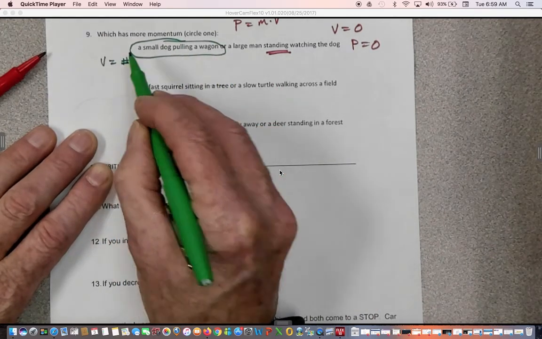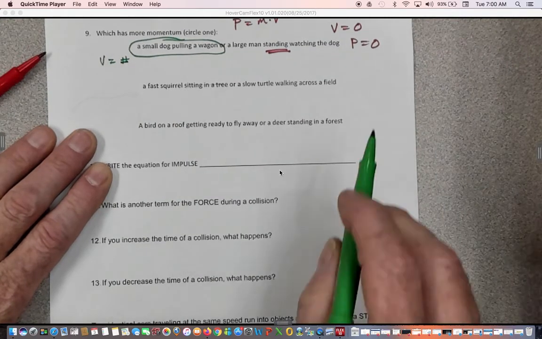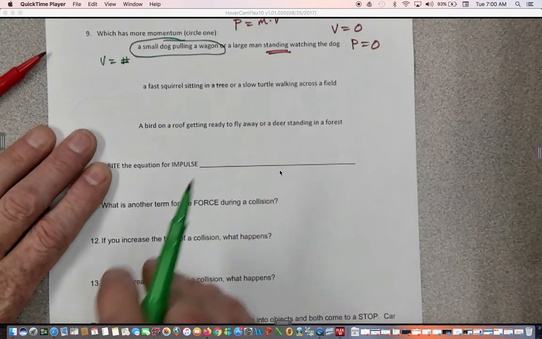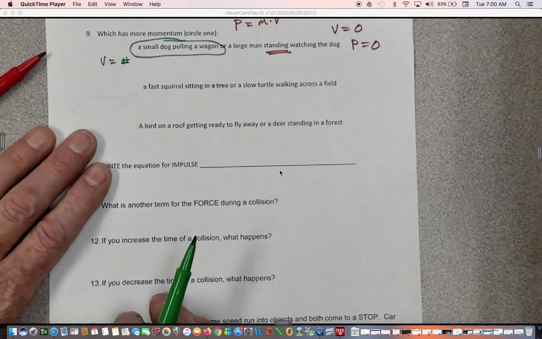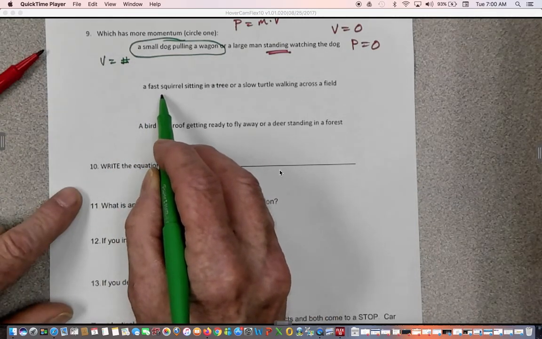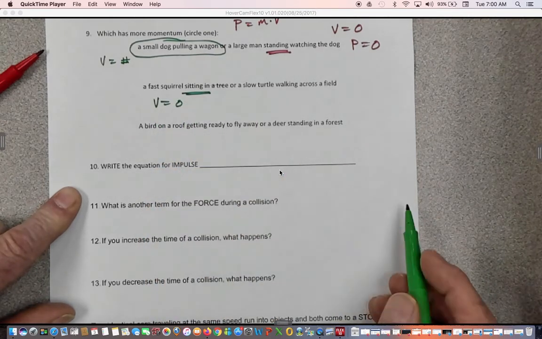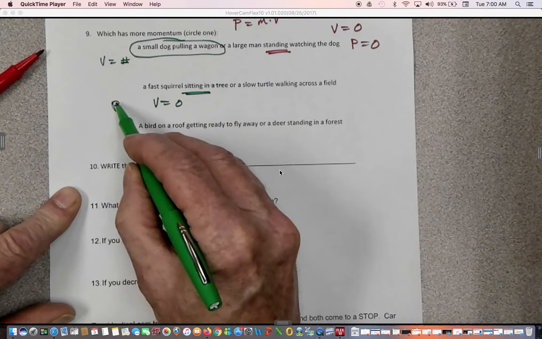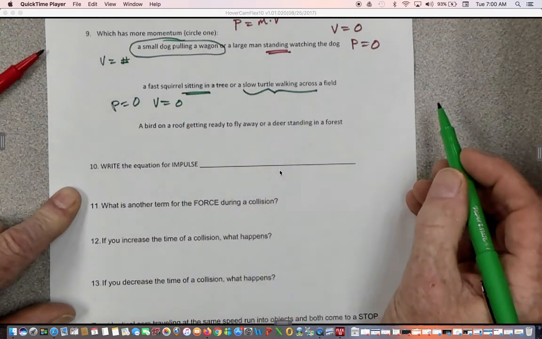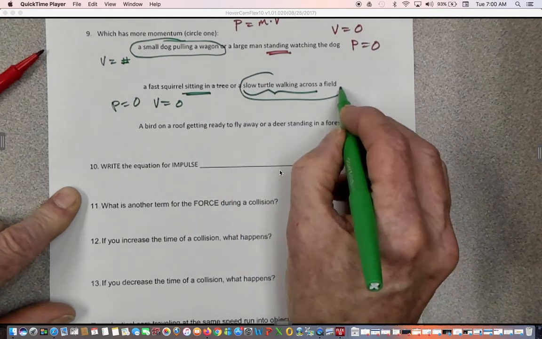It's some number. Even though you're large, if you're standing, you have no momentum. Here's another one. A very fast squirrel. It might be fast, but if it's sitting, it has a zero velocity. So it has no momentum. A slow turtle has more momentum than a fast squirrel sitting. That should make sense.